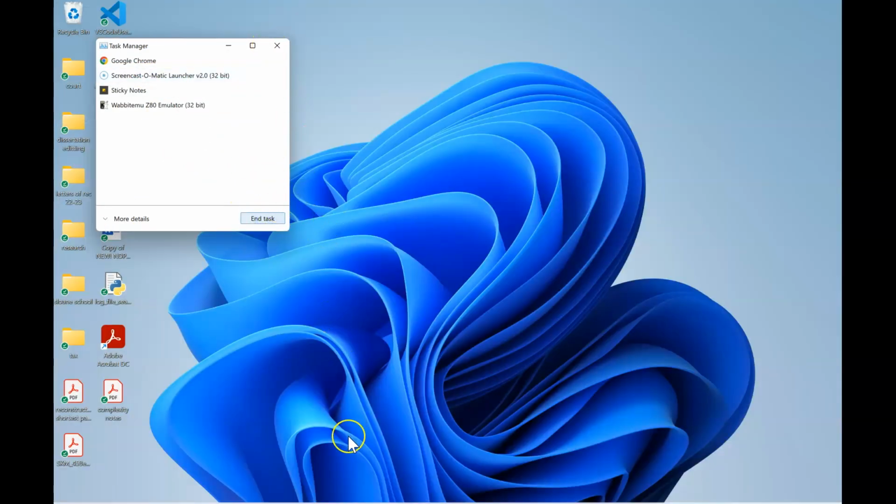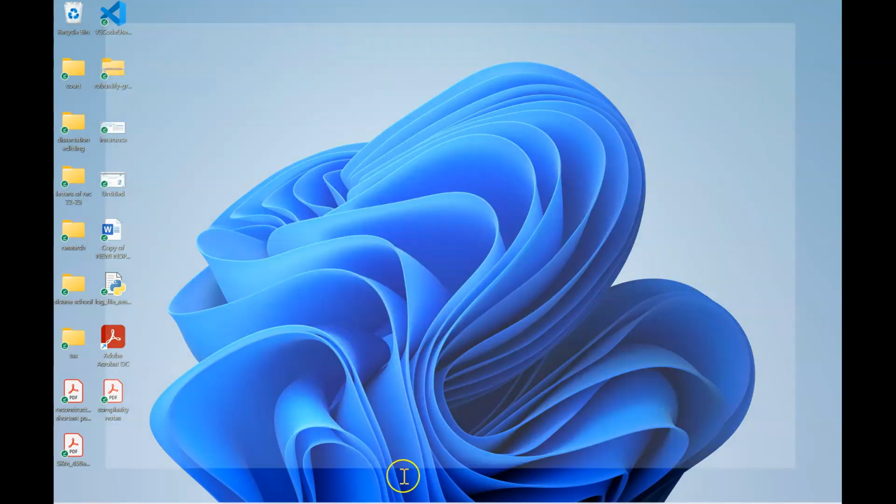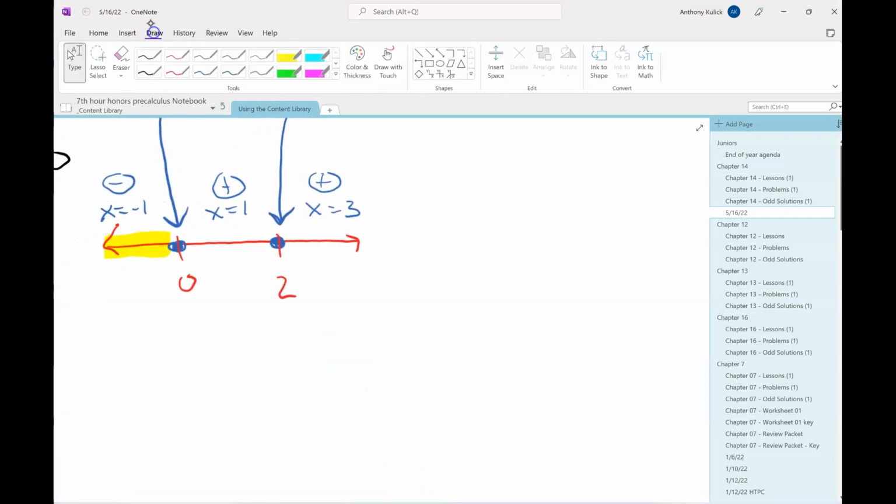All right. OneNote. Let's do it the hard way. Are we going to restart here? All right. Okay.